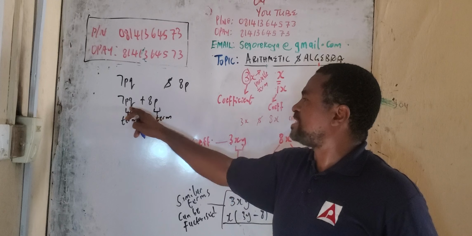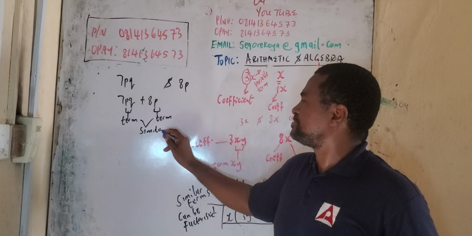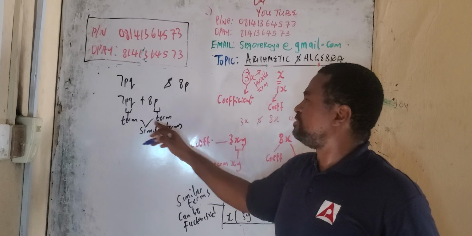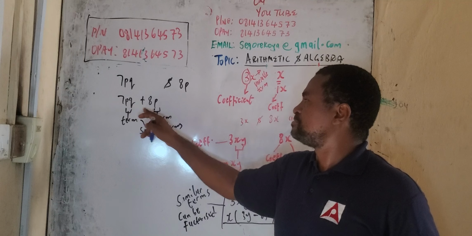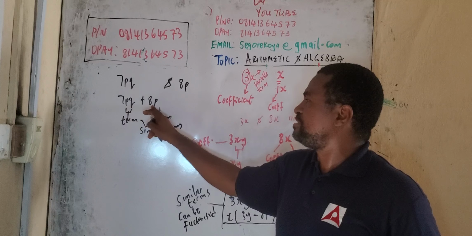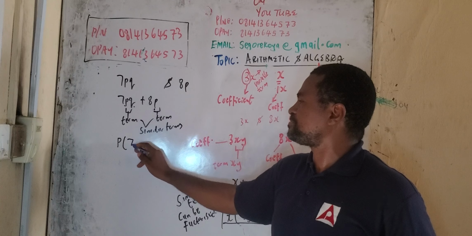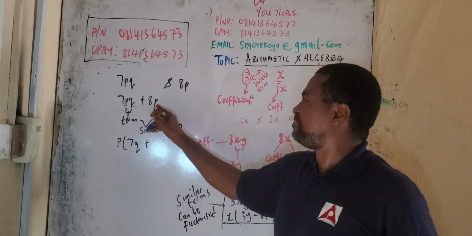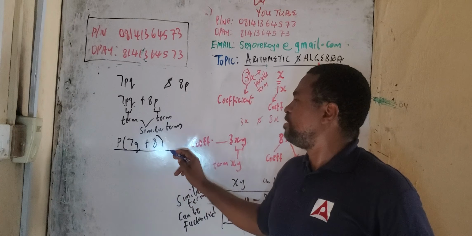Because they are not exactly the same, we call them similar terms. So the only thing we can do with similar terms is to factorize what is common in them. What is common here is p. So if I put p out, I'm left with 7q, then plus, if I take p out, I'm left with 8. That's what I can do concerning similar terms.